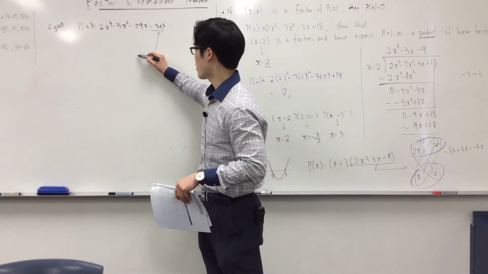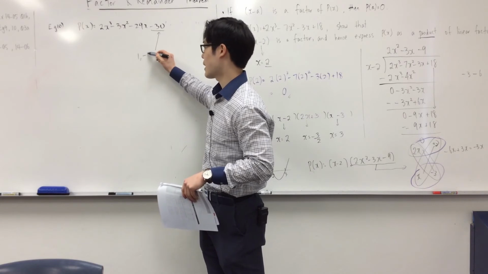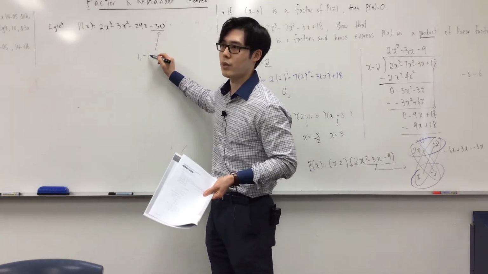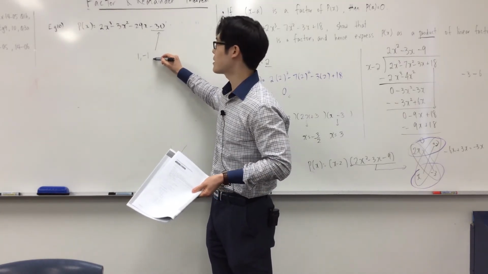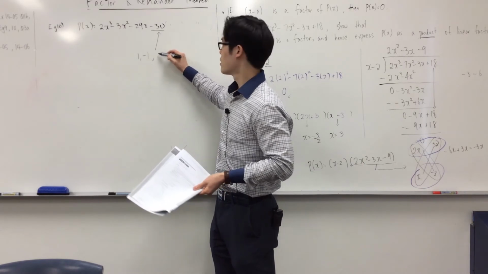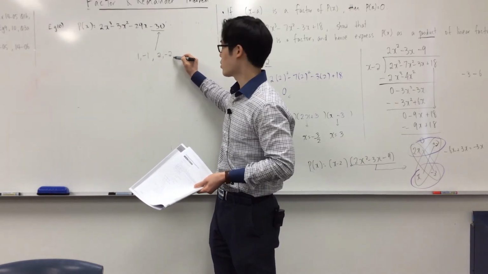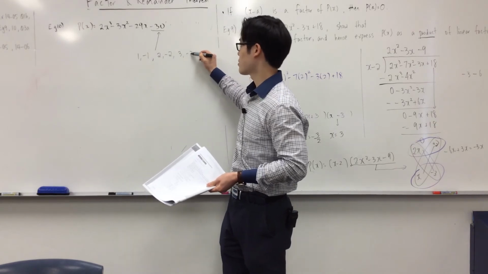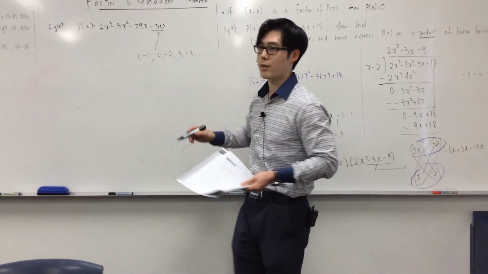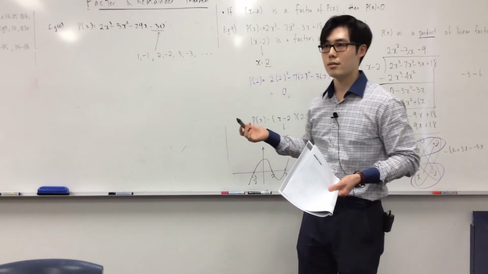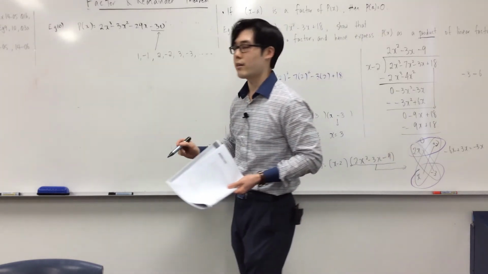Starting with 1, 1 will always be a factor, and minus 1. We're just going to list out all the factors of minus 30. Next number is 2 and minus 2. We're just going in order. 3 and minus 3. Girls, can you see there are many, many factors. So girls, this is where your trial and error starts.